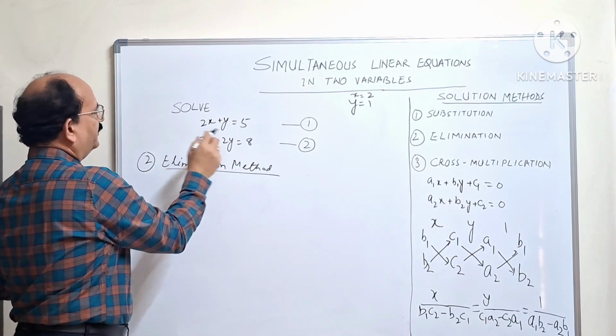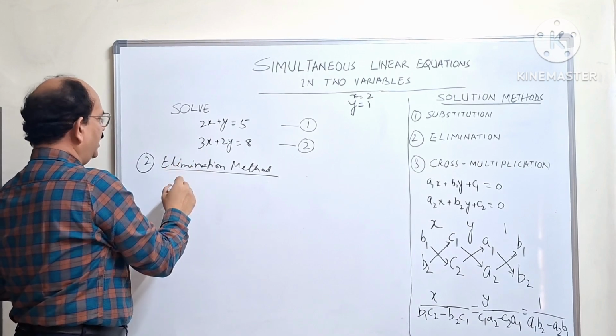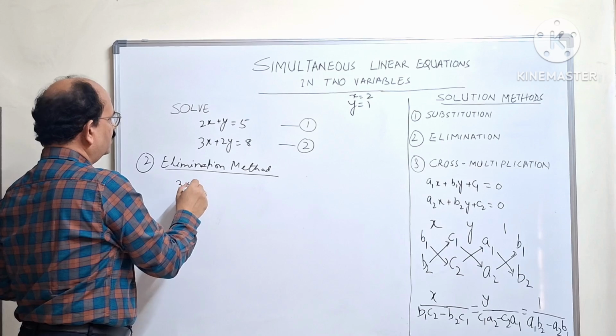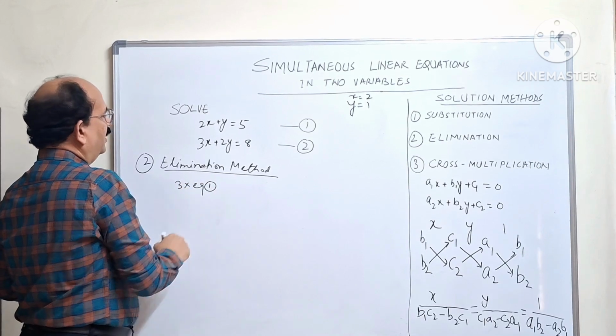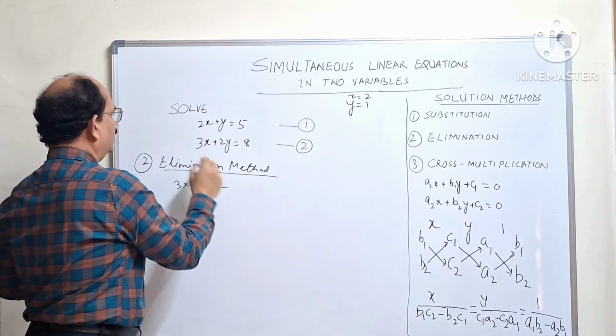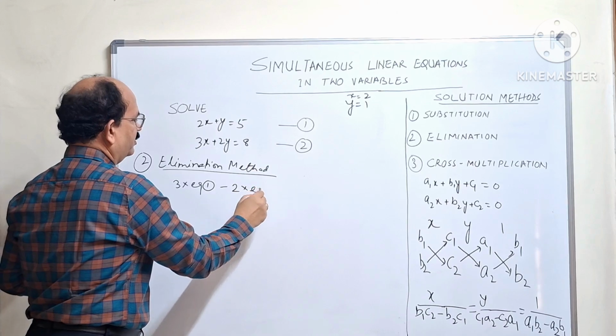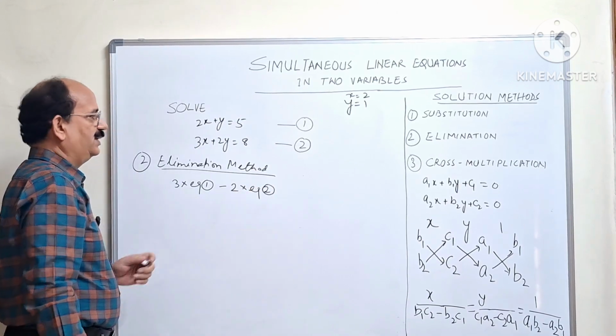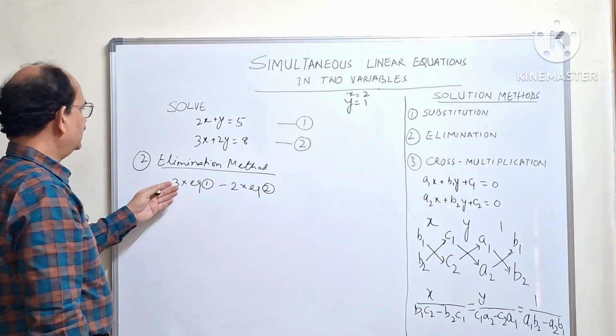So here, I will have to multiply 3 into equation 1, and because these are plus plus signs, I'll do minus of 2 into equation 2. If we do that, let's see what happens.